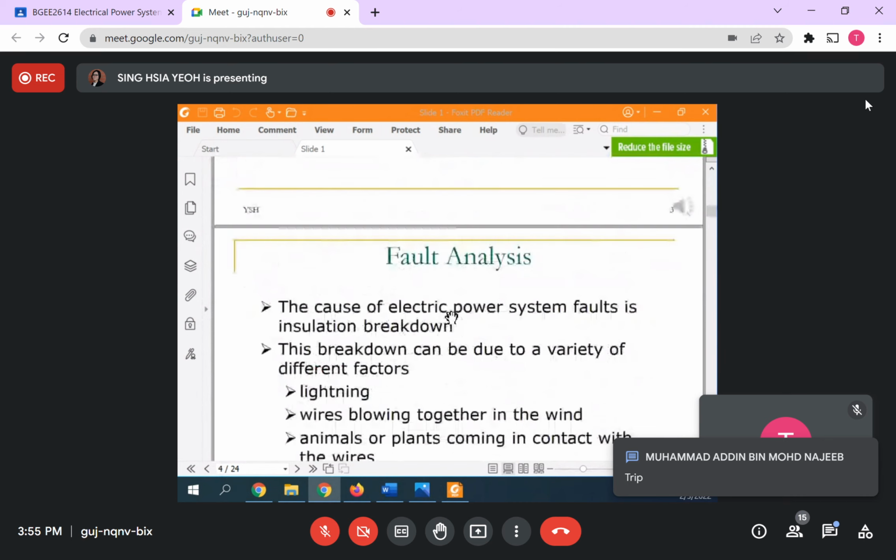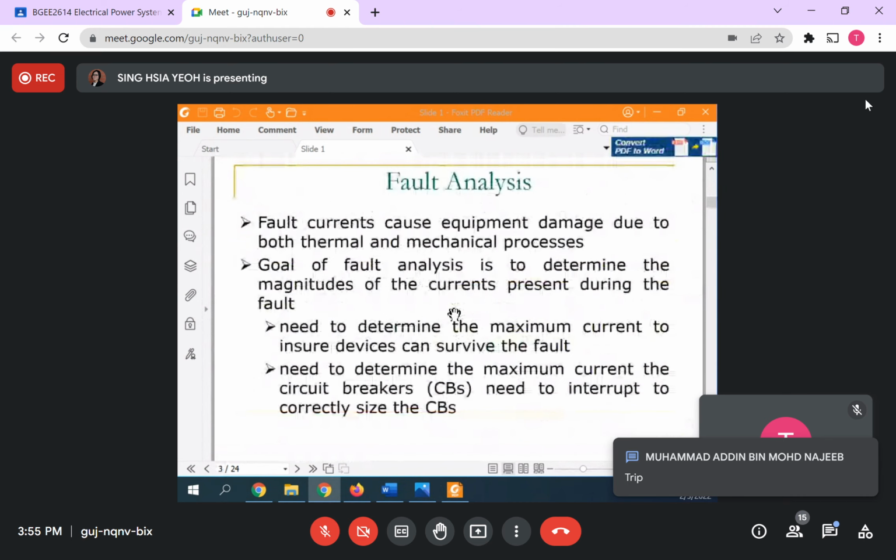The causes of the faults, I think you can go through yourselves. So why do you need to learn fault analysis? Because you need to determine the maximum currents to ensure the device can survive the fault. So you need to know the maximum current that the device can support. Then also determine the maximum current the circuit breaker needs to interrupt and correctly size the circuit breaker. Circuit breakers can be very expensive.